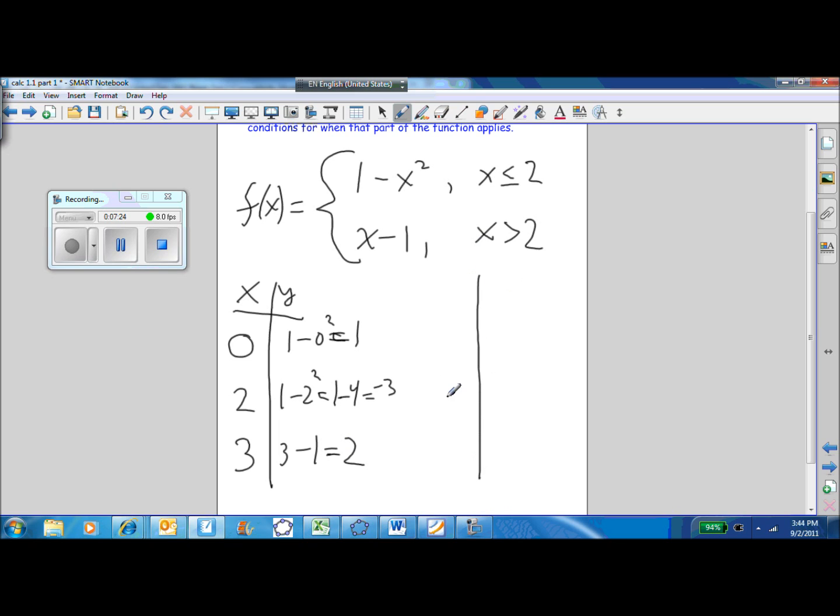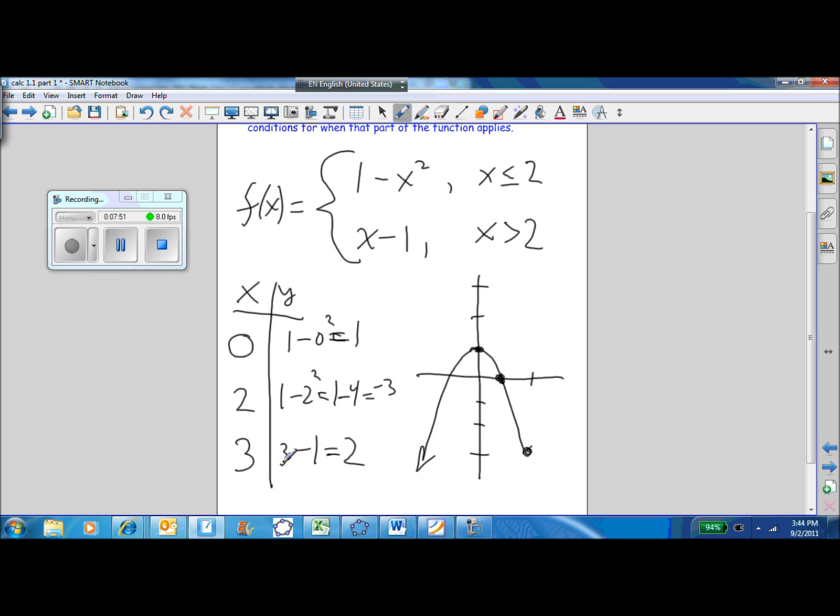So when we graph this, we've got our points 0, 1, 2, negative 3. Looks like 1 goes to 0. And this is a parabola with the vertex at 0, 1. So we get a parabola on this side. Stop. Don't put the arrow there. Because now from then on, it turns into a line.